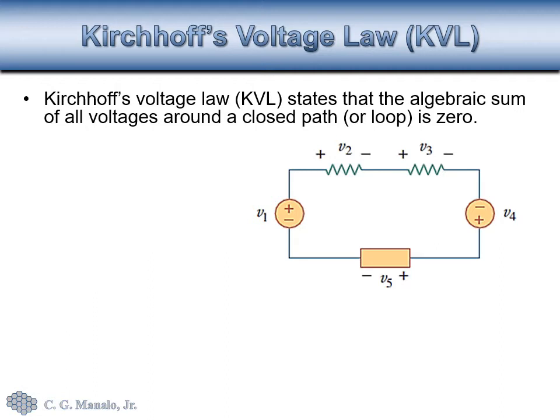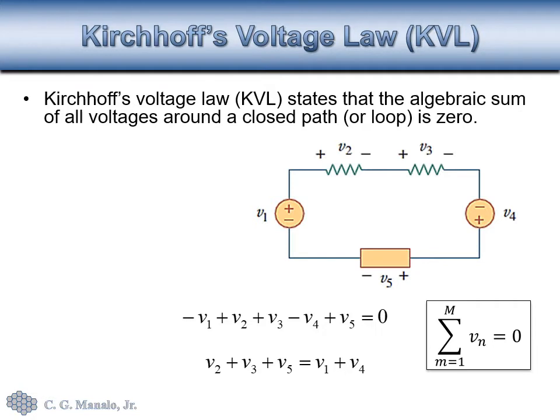According to KVL, the algebraic sum of those voltages must equal 0, or the summation of all the voltages across the elements must equal 0.